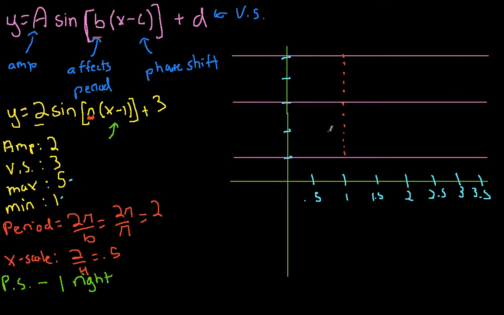So in the previous examples, if I had sine, I started in the middle of my 3 horizontal lines, in this case the 3 pink lines. I would start on the middle one because it's sine, and I would start on the y-axis. Well, I'm still going to start on the middle of my 3 pink lines here, but instead of starting on the y-axis, I'm going to start on this vertical line that I have just drawn. Since it's sine, it starts in the middle, so it would be right here.